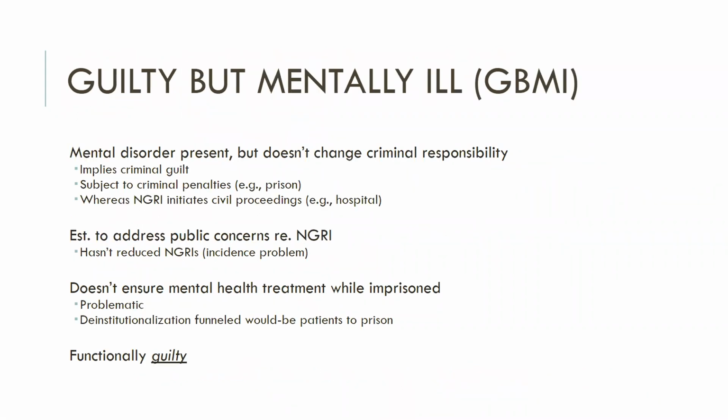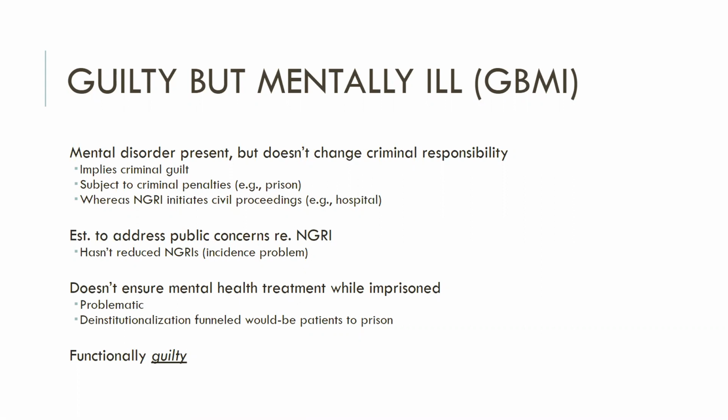Up next, we have guilty but mentally ill, or GBMI for short. This is when a mental disorder is found to be present, but it doesn't change the criminal responsibility. So criminal guilt is implied here, and thus this person is subject to criminal versus civil penalties, meaning this person is going to prison versus someone with an NGRI that we talked about on the previous slide.